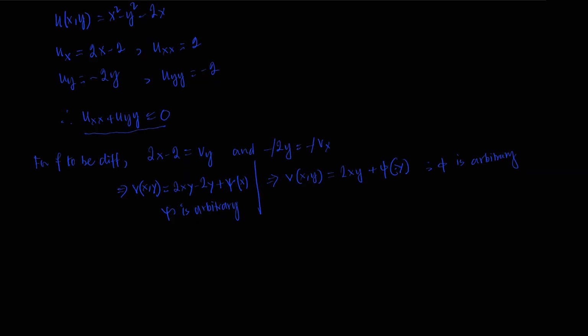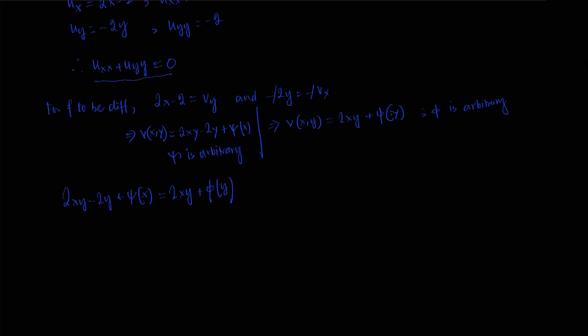Now both are v, so they must have some relation. In this case, 2xy minus 2y plus a function of x has to be equal to 2xy plus another function of y. You see this is getting cancelled. What remains is a function of y equal to something containing y and a function of x. That will imply psi of x has to be 0 and phi of y has to be minus 2 times y.